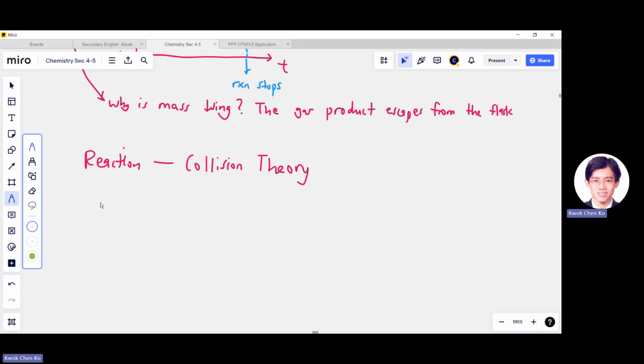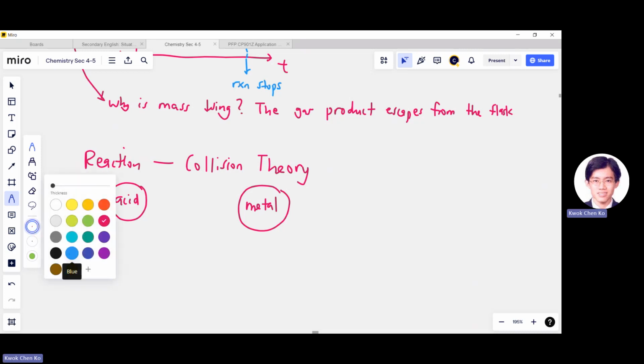Now, imagine I have an acid molecule. Then I have a metal particle. They're apart from each other. No reaction. They may be in the same system, but they are apart.